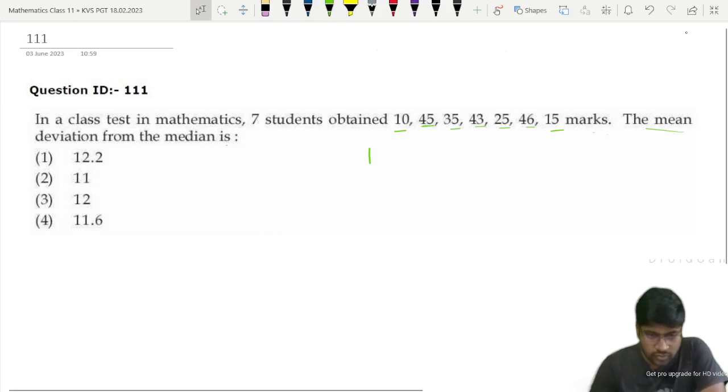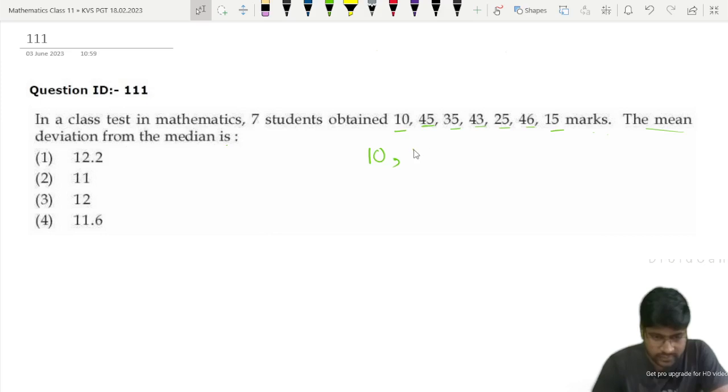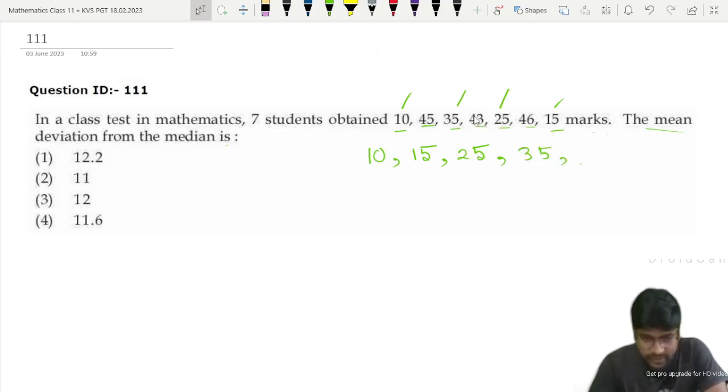If we arrange them in ascending order, we have 10, then 15, then 25, then 35, then 43, then 45, then 46.